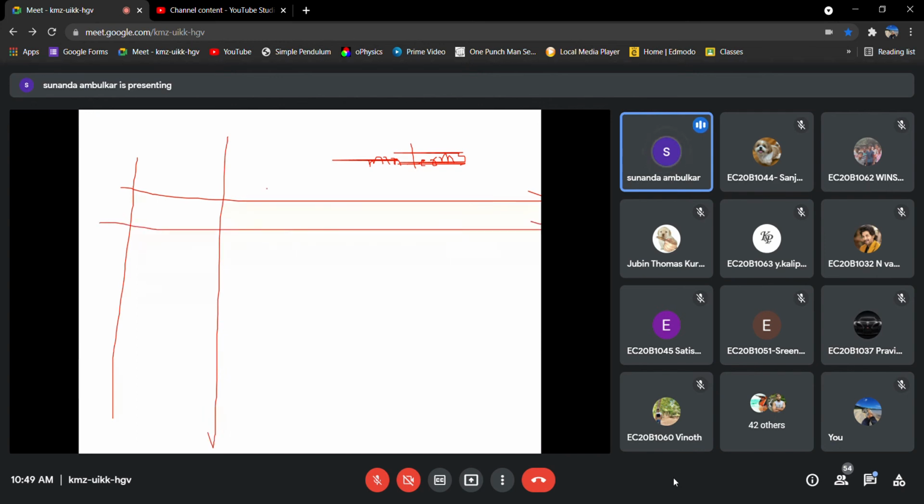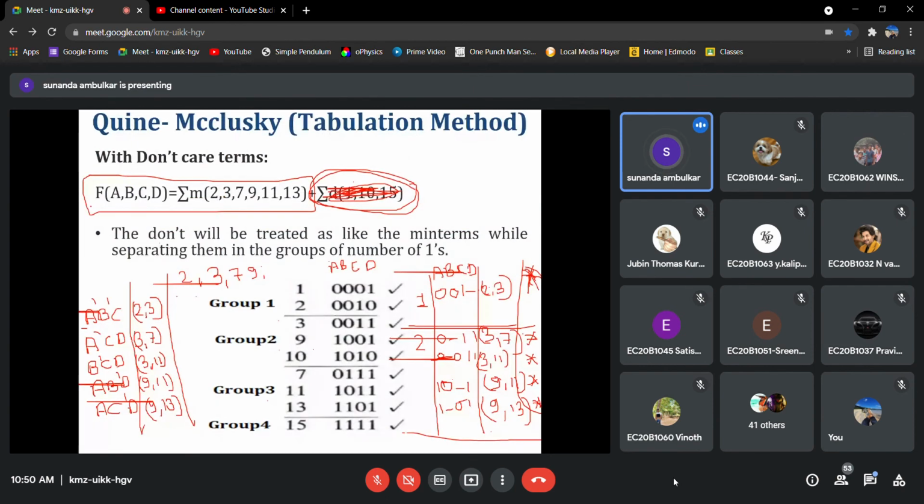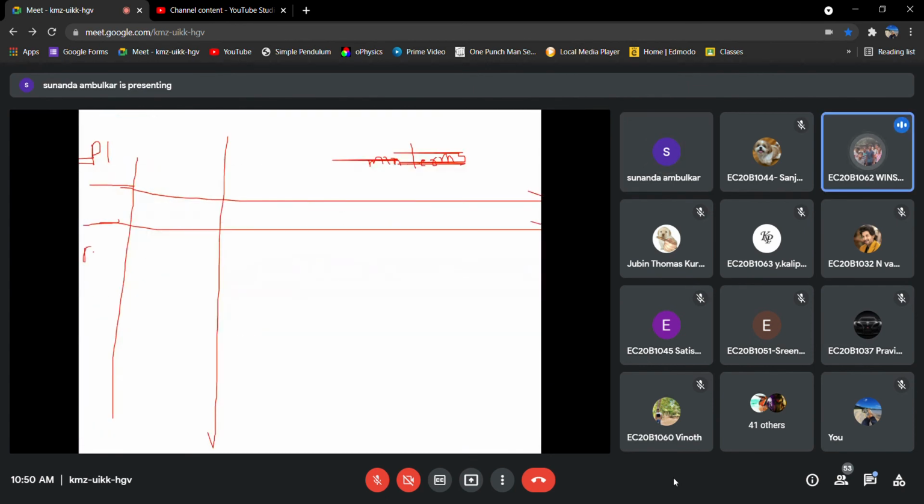So what are the different prime implicants? A dash B dash C, which is 2 3. Next is A dash C D.